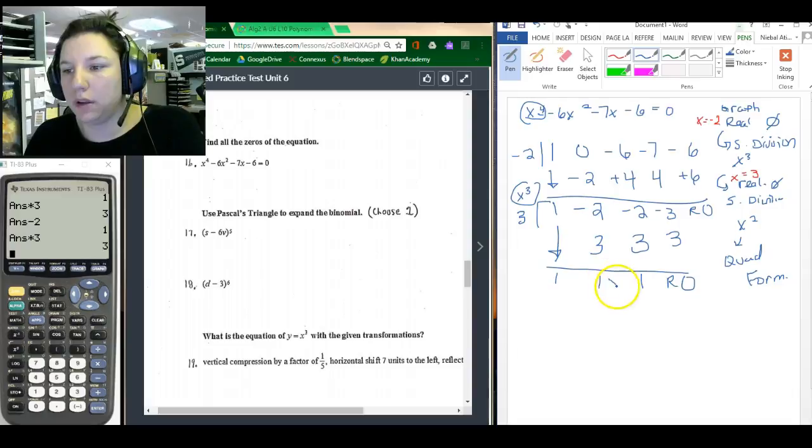So here's our number, here's our x, here's our x squared. So we've brought it down to a quadratic, x squared plus 1x plus 1.